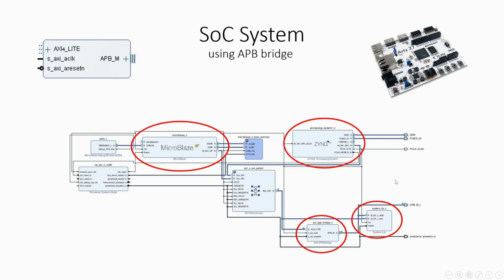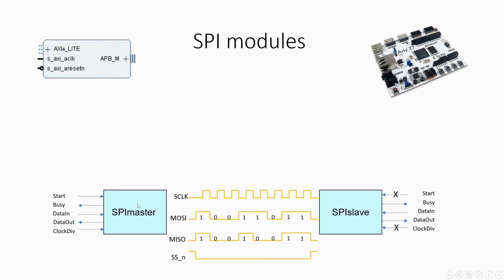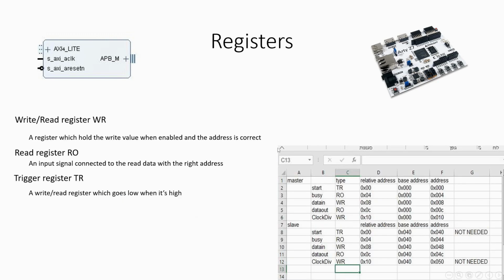In the second video, we just generated an SPI master and slave, so we will have some peripherals in our system. In the third video, we generated the register file. We talked about the three kinds of registers: the write-read register, the read-only register, and the trigger register, and connected them to the APB bus.